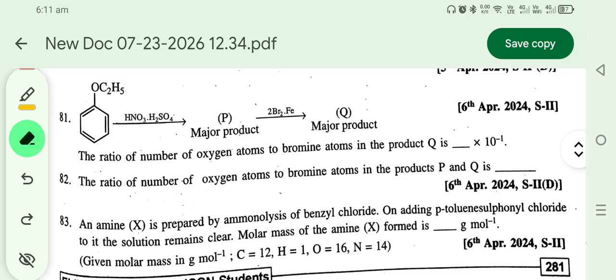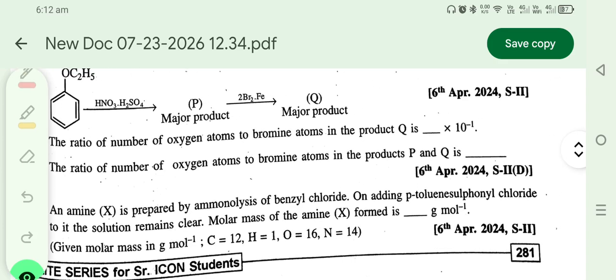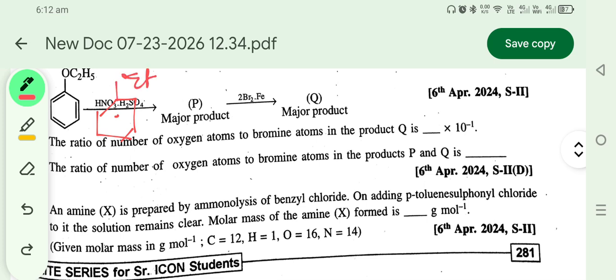The ethoxy group is a ring-activating group, and in nitration it is the ortho-para directing group. In an ortho-para directing group, the nitration takes place at ortho and para. Here, on nitration of the ethoxy compound, the nitration takes place at para, and the para-nitro product reacts with Br2 and Fe.